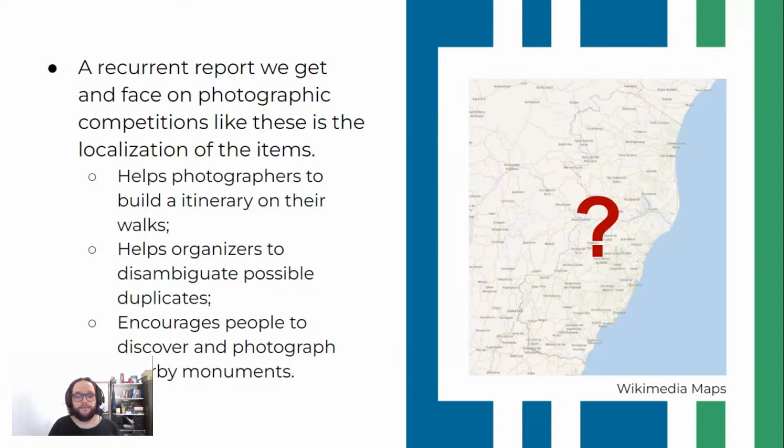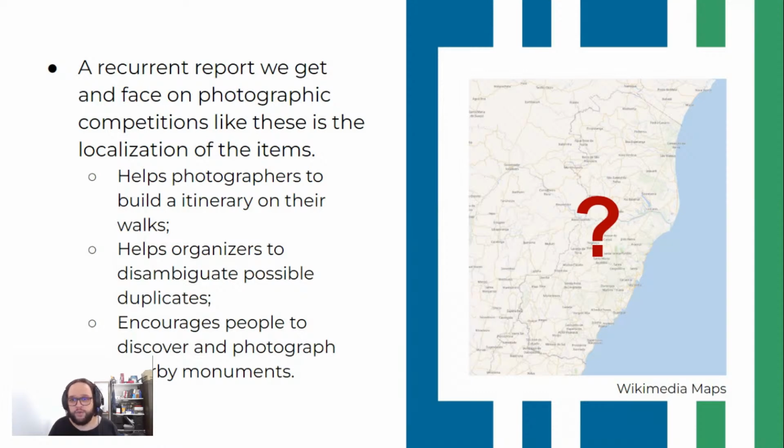So we receive these reports also from other organizers, Wiki Loves Earth organizers. Wiki Loves Monuments, we face this every time we are building the lists and the project, the competition each year.